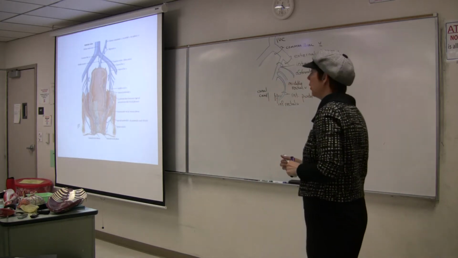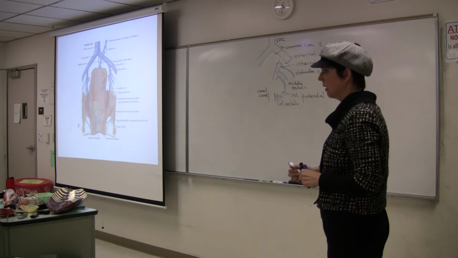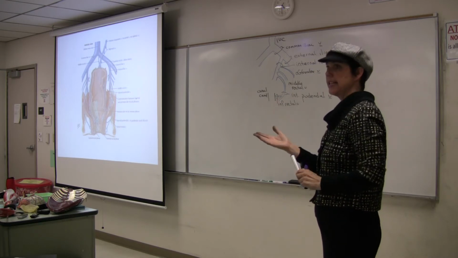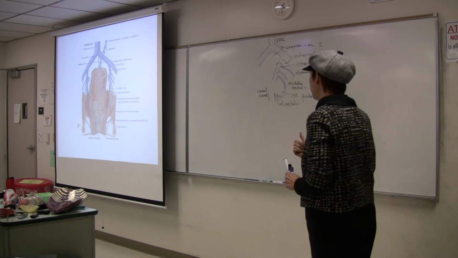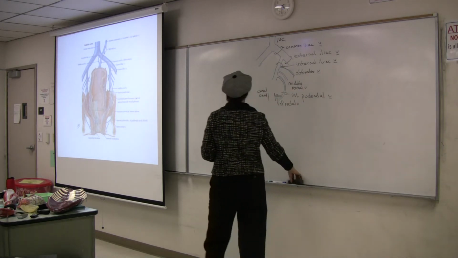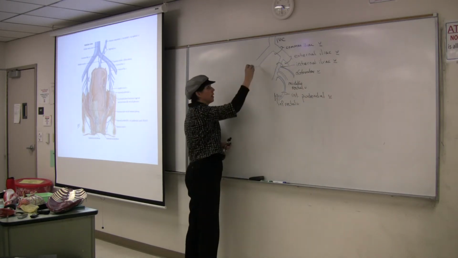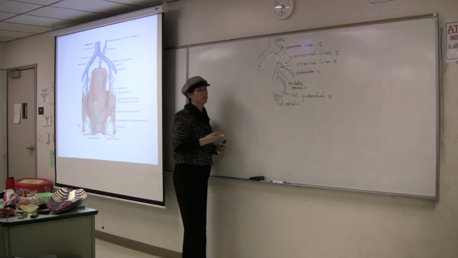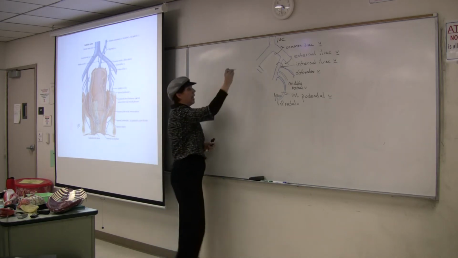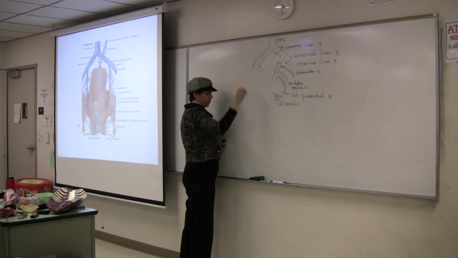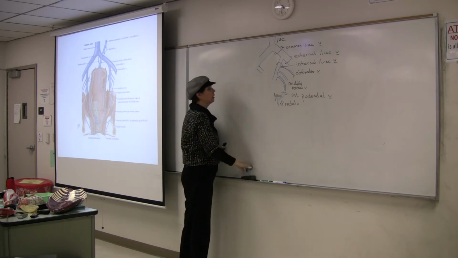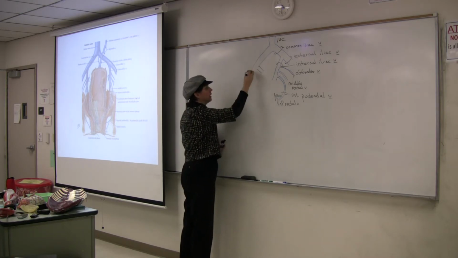Now let's do the lower extremity. Again, it's going to be exactly the same as the arteries that we talked about, with the exception of the two new superficial vessels that we're adding. So, internal iliac, and then continuing from the internal iliac, we have the external iliac.